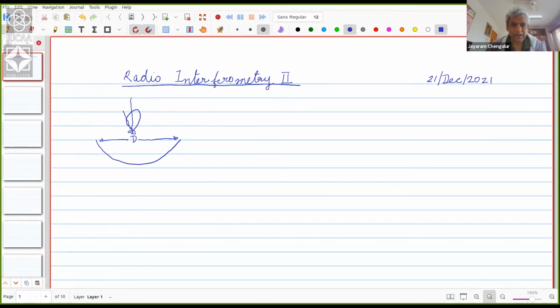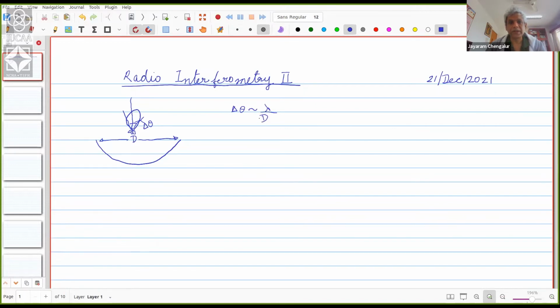It has a characteristic width, which we could call theta 0, or I'll just call it delta theta for consistency. That characteristic width, delta theta, will be of the order of lambda by d.